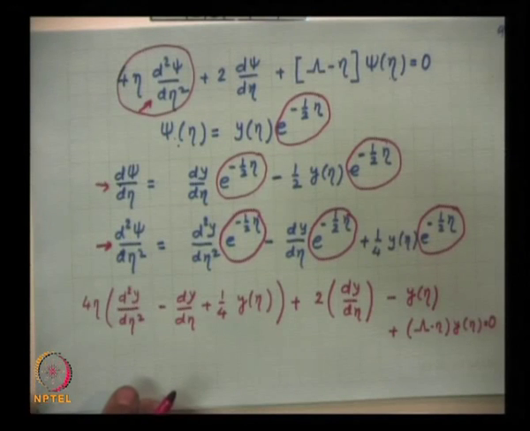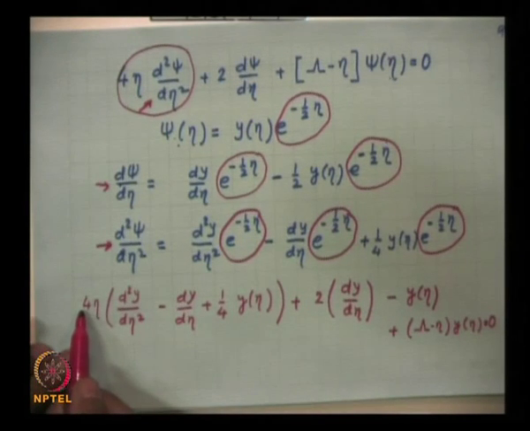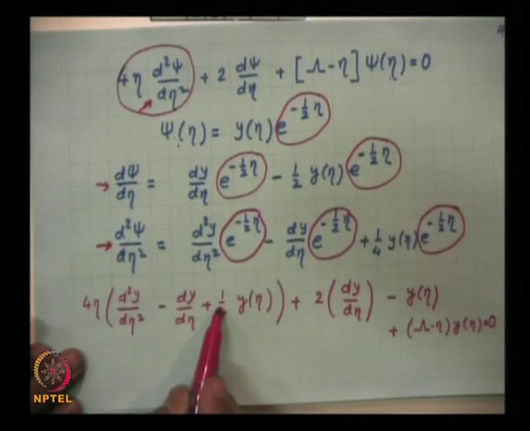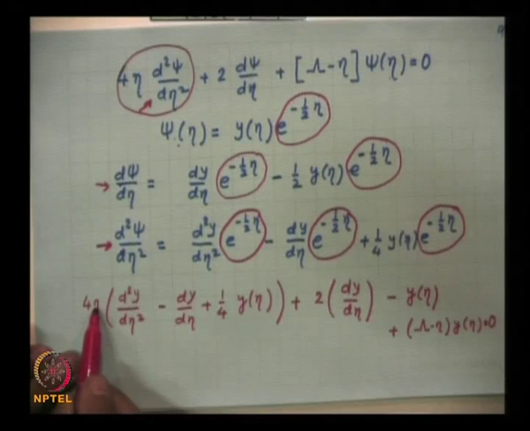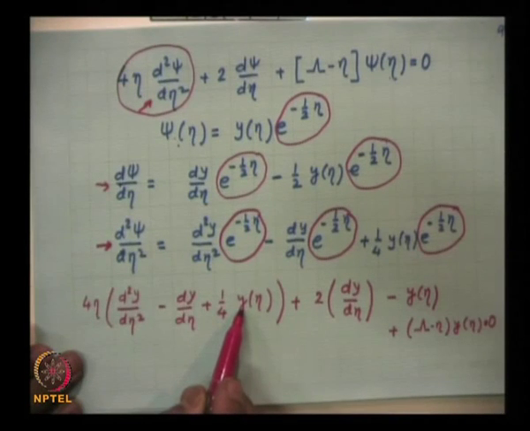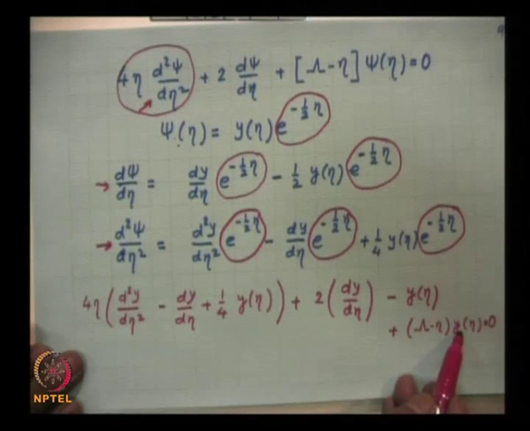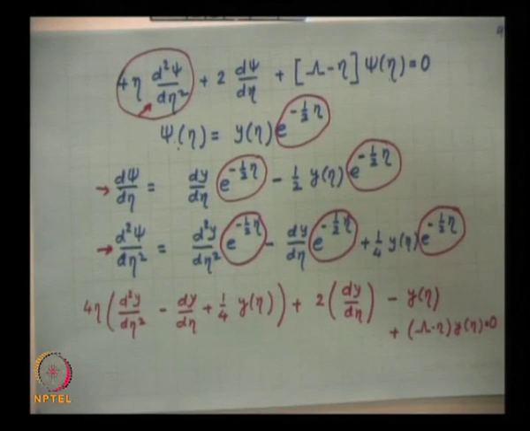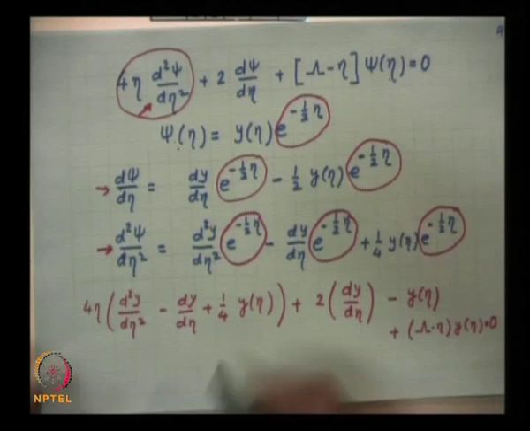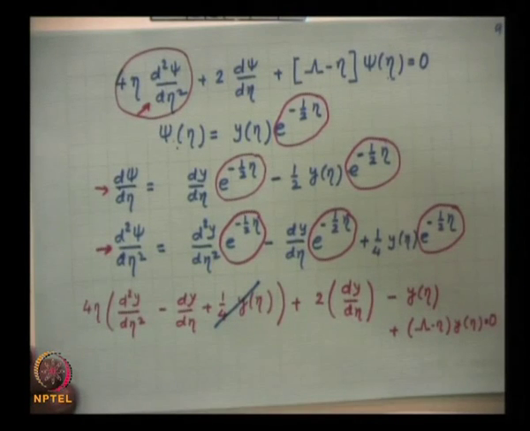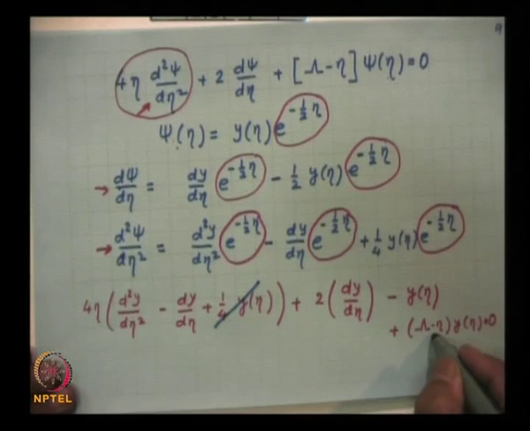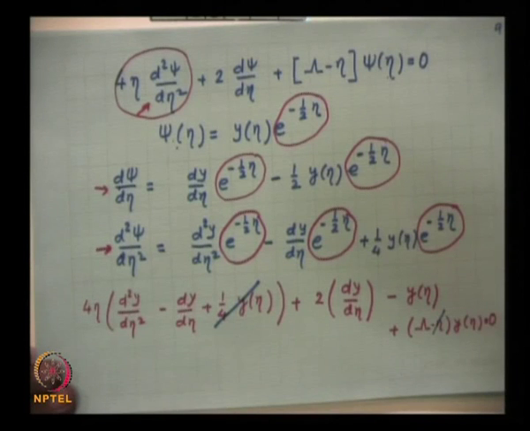So, you can now see that, please see this, 4 eta times 1 by 4, that is 4 cancels out. This term is eta y of eta and there is a minus eta y of eta. So, these two terms cancel out. I hope you are able to understand. So, this term will cancel out with minus dy by d eta.